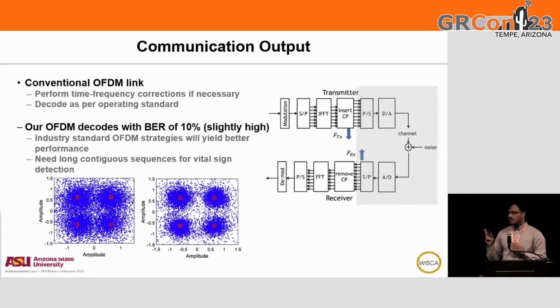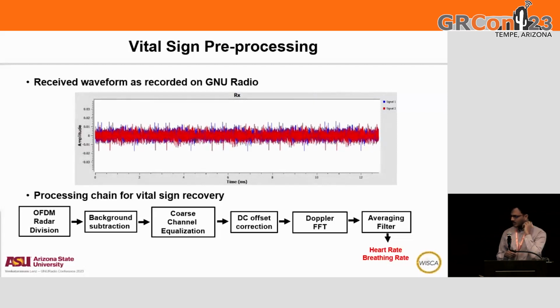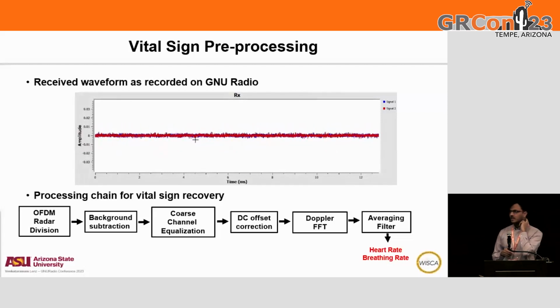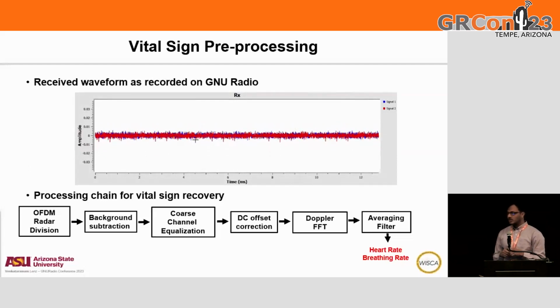So with that said, now the actual fun part of the project, I guess, is how could you use this OFDM to actually detect this, right? So what you see is the observed received waveform at the receiver. It was transmitting, I think, at minus 5 dBm with a gain on the RX of 50 dB, so fairly low.